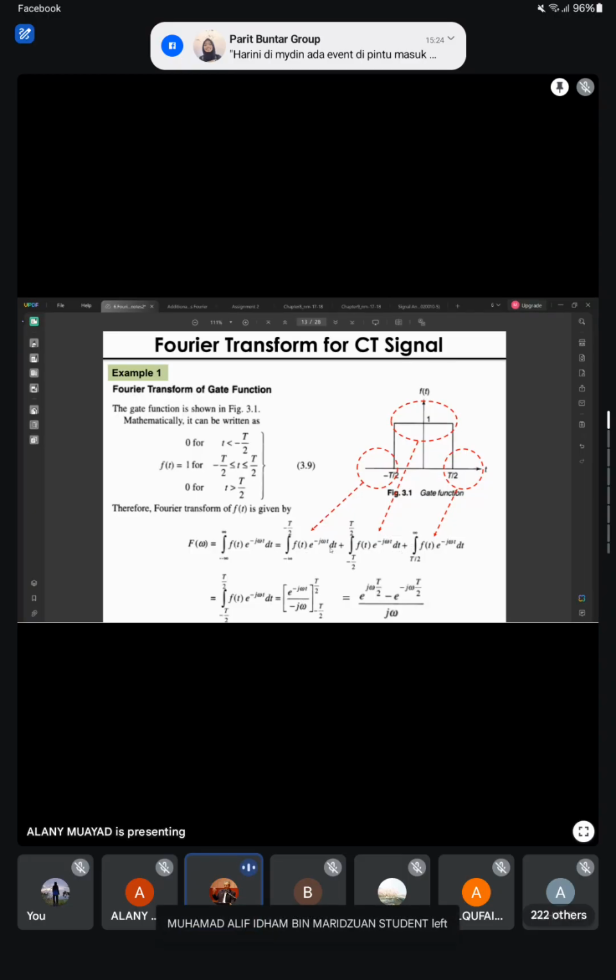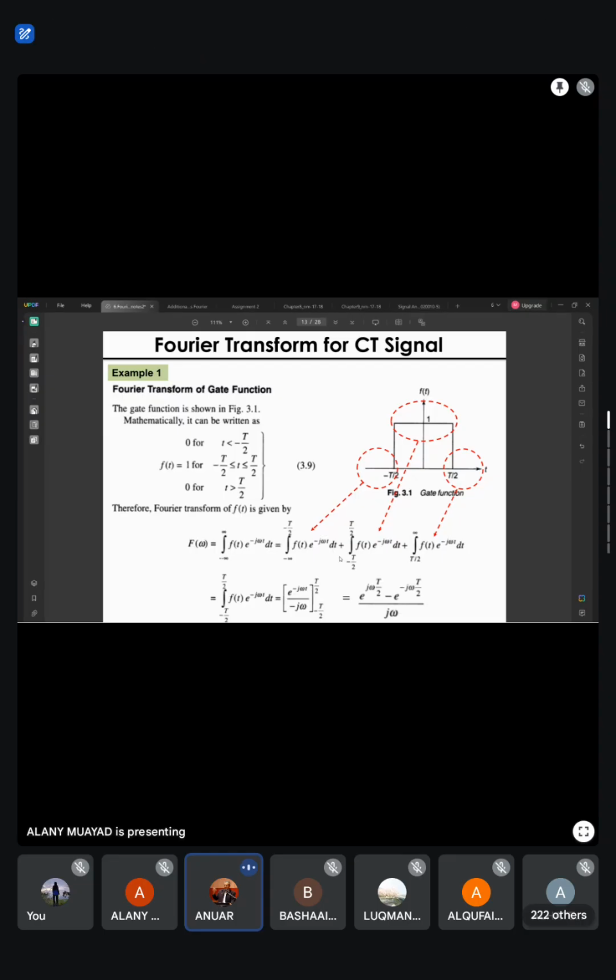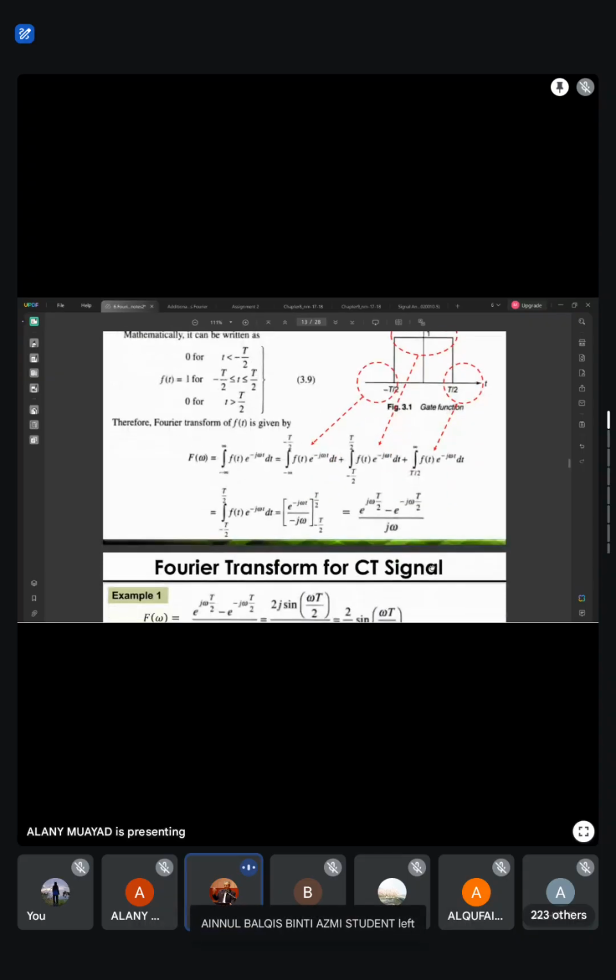Integrating this, you will get minus e to the power of minus j omega t divided by minus j omega. This is a normal integration for e to the power of minus j omega t. Then you replace the limits from T over 2 to minus T over 2.